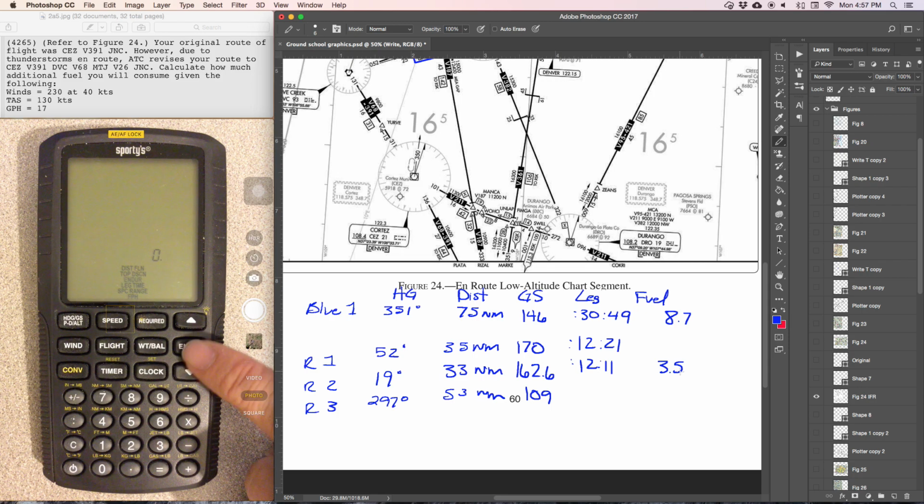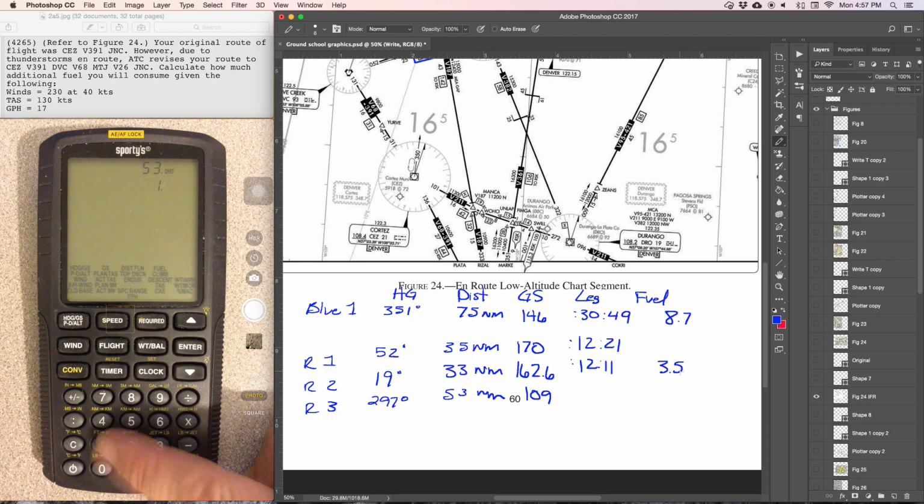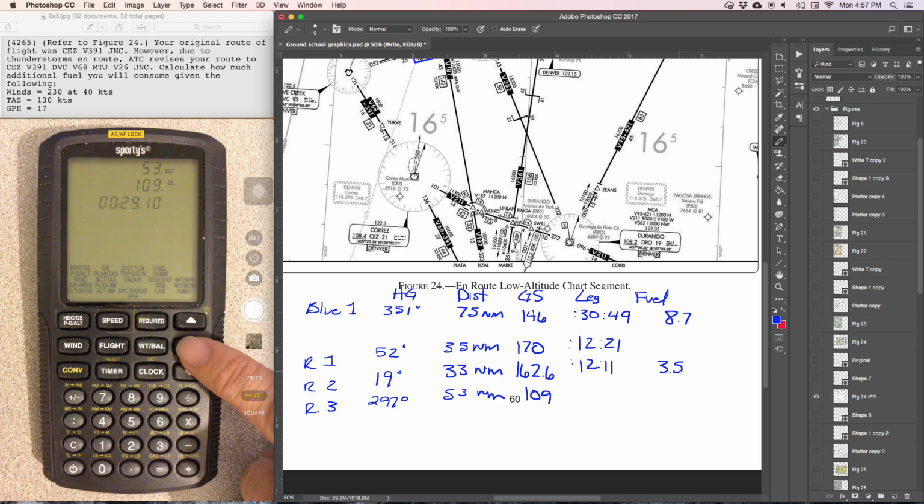Flight, down to leg time, distance 53 nautical miles, ground speed 109, 29 minutes and 10 seconds. Going to required fuel, time's good, 17 gallons per hour, 8.3.